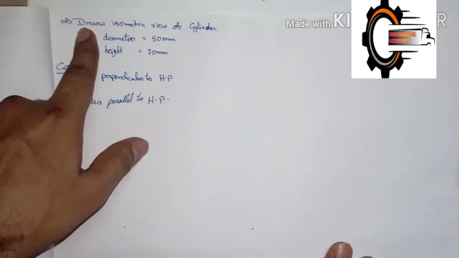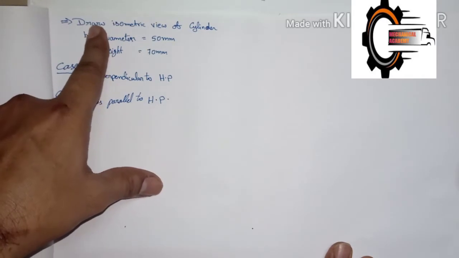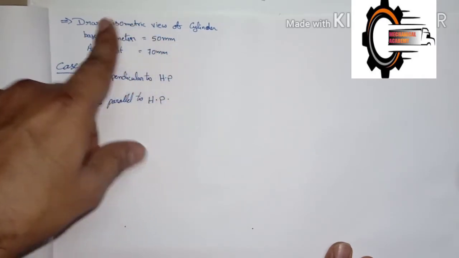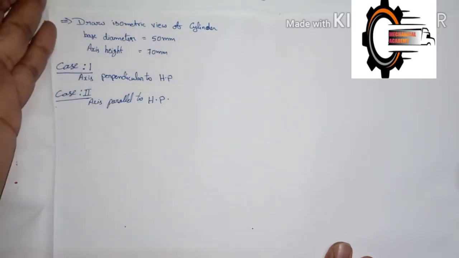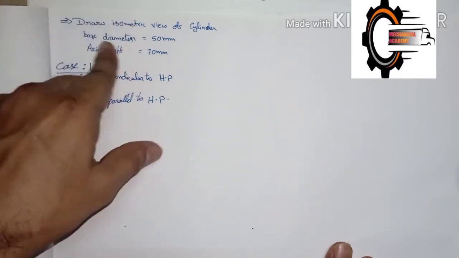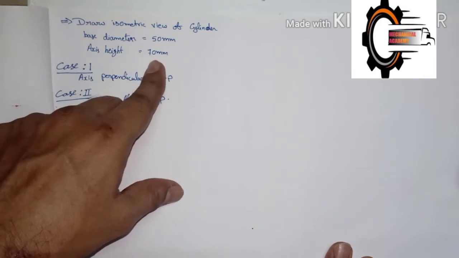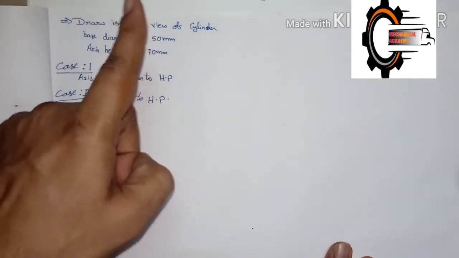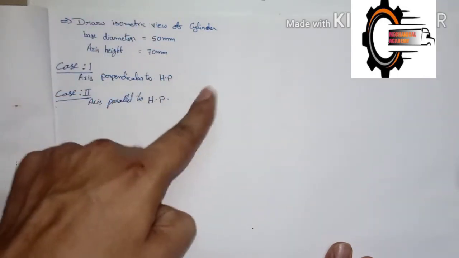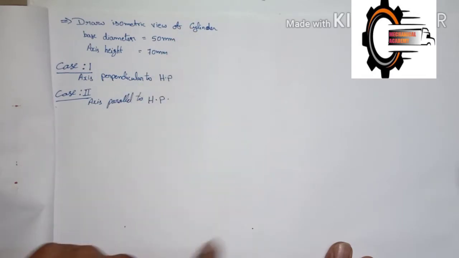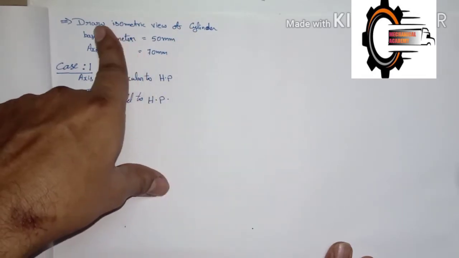If the problem asks for the isometric projection of the cylinder, then we take the isometric scale and reduce the dimensions, or else we calculate the true length multiplied by 0.82 to get the isometric scale, and use it for the drawing. But here we have the isometric view.